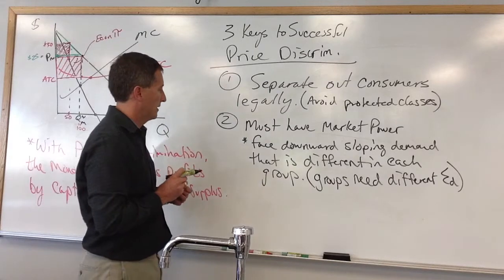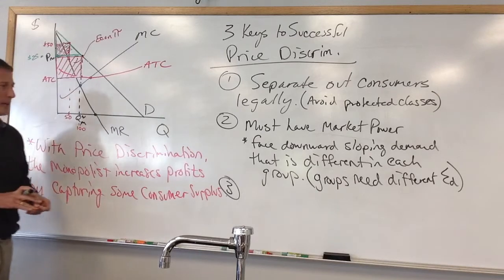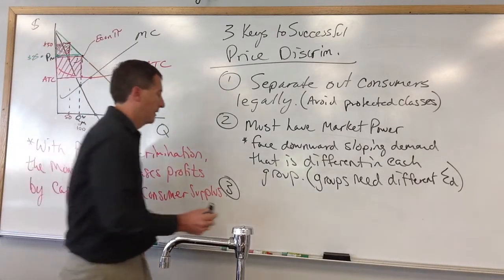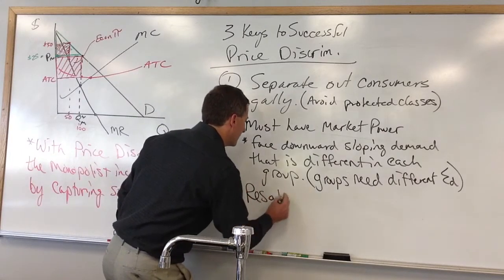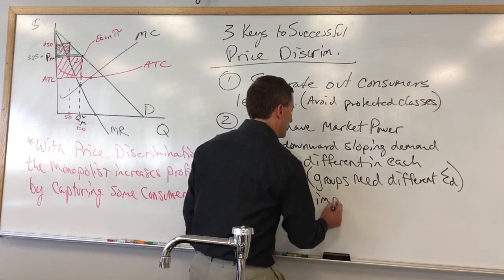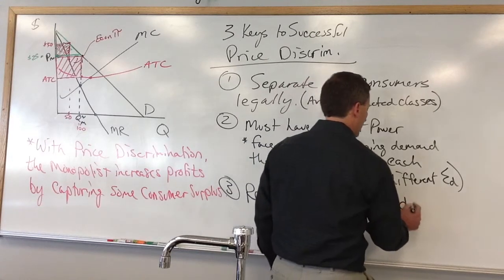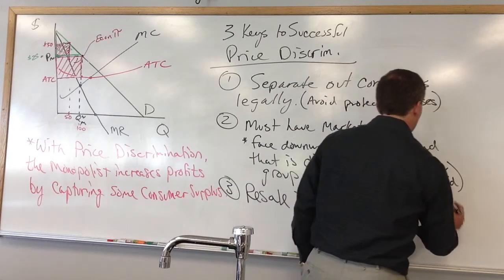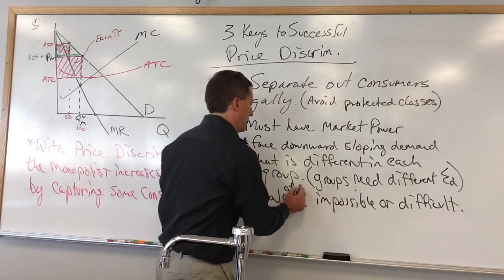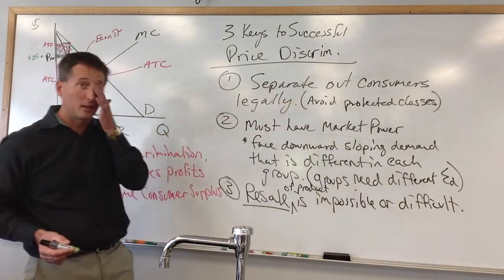All right, the last key, these are the three keys to successful price discrimination. It's got to be difficult to resell the product. So resale of the product is impossible or difficult.